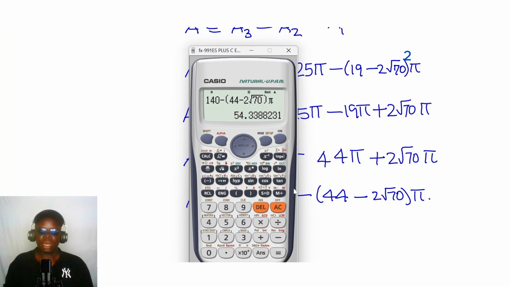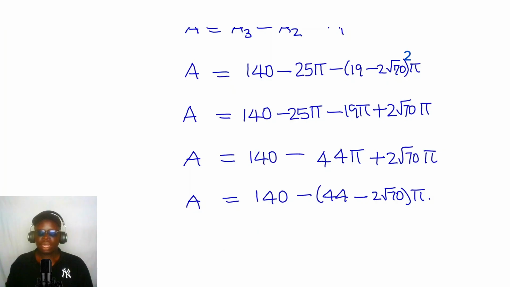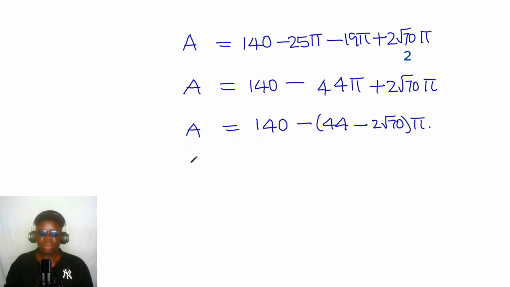So this is our answer. Now I can round this to two decimal places, and that becomes 54.34. So let's put it down: the area of the shaded region is 54.34 square centimeter.